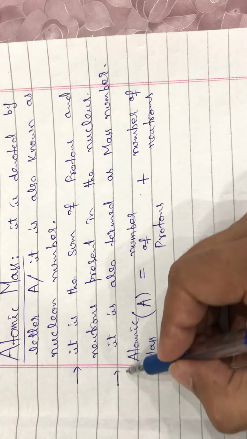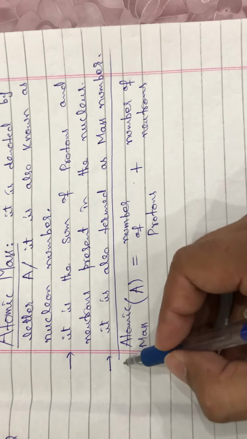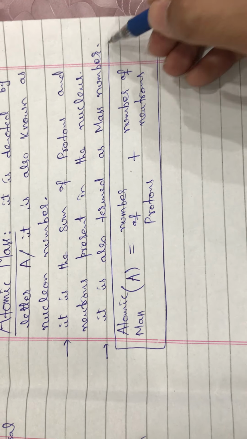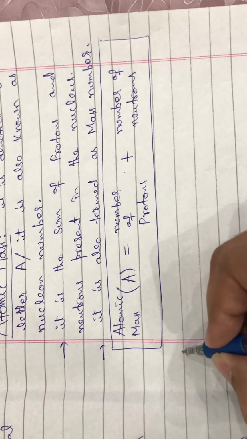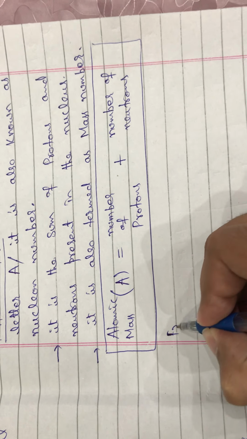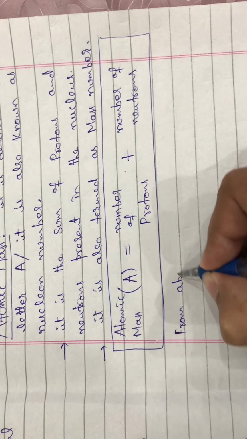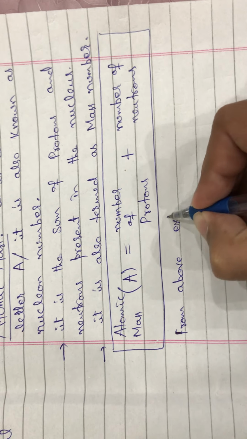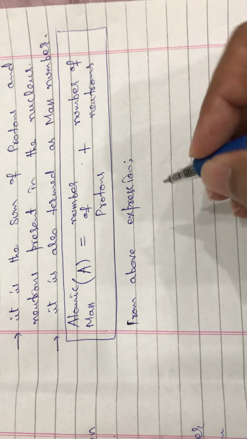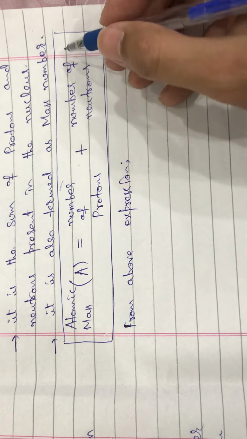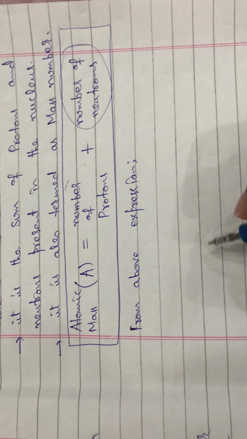This is the expression that we use for the calculation of atomic mass. From the above expression, we can write the number of neutrons in an atom.